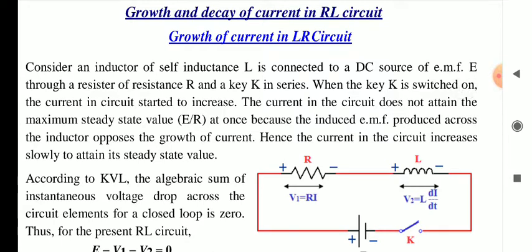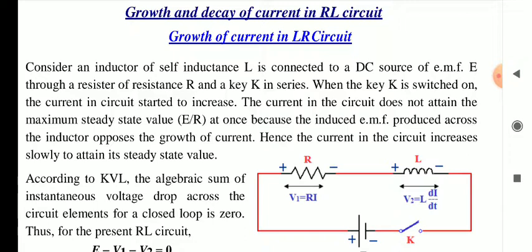So that means whenever the circuit is switched on, the current does not immediately attain the maximum. It slowly increases in the case of an inductor. And whenever the circuit is switched off, the current in the inductor does not suddenly become zero.